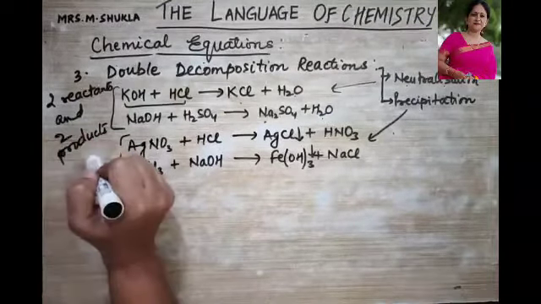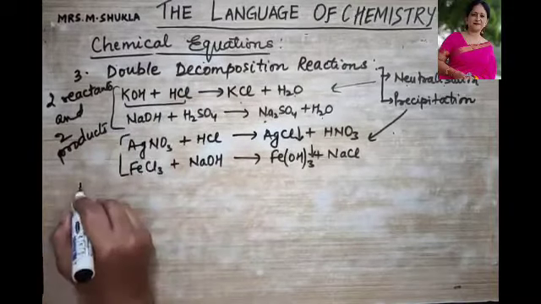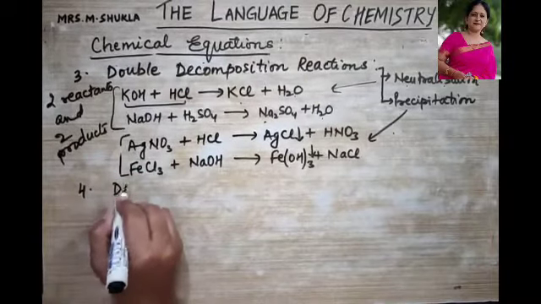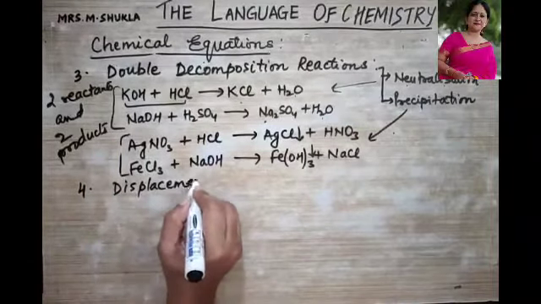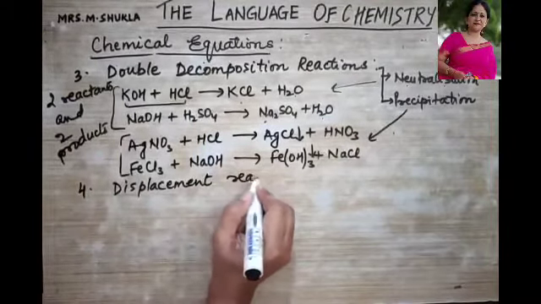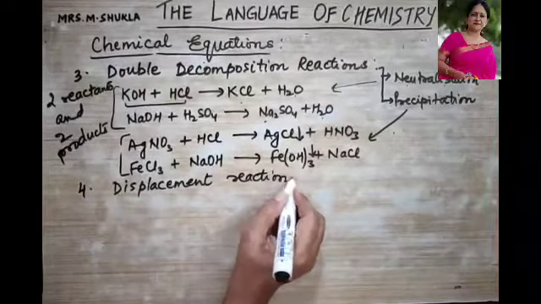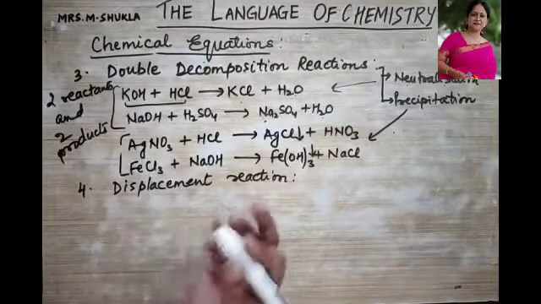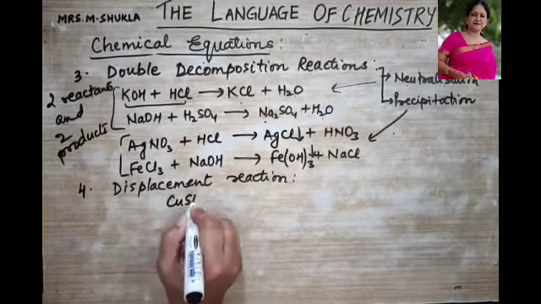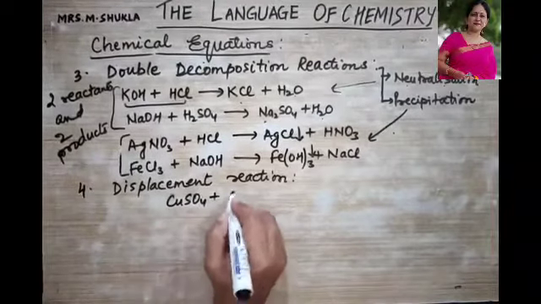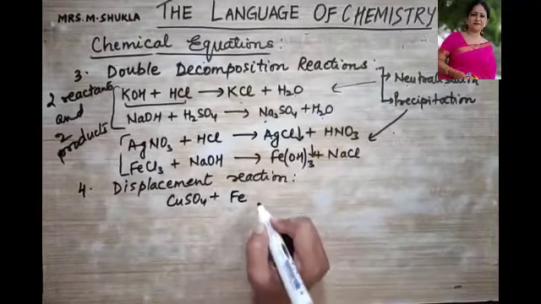Now two reactants, two products, one more reaction comes under this category, called displacement reaction. What is a displacement reaction? Anybody who remembers? Come on. CuSO4 plus Fe. Remember?